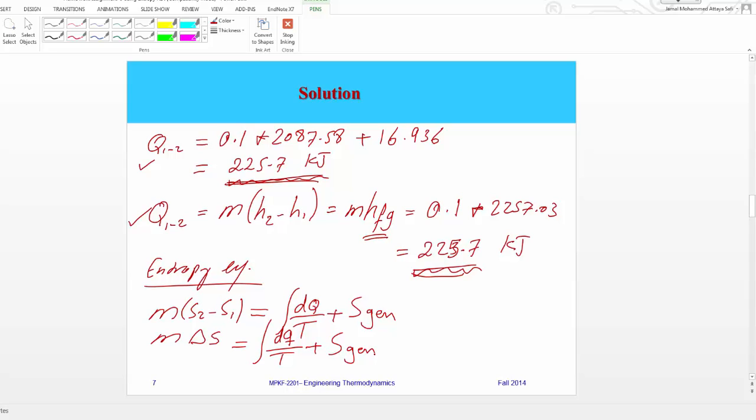Now, be very careful. If I have a reversible process, and that's very important because in the problem it said that it was a reversible process, then we said that the equality sign prevails and there's no generation, so that will be 0.